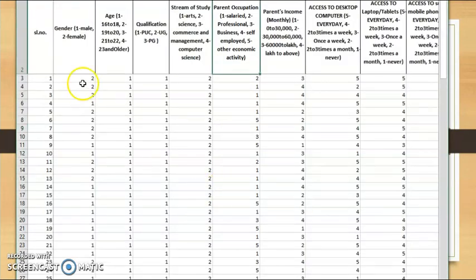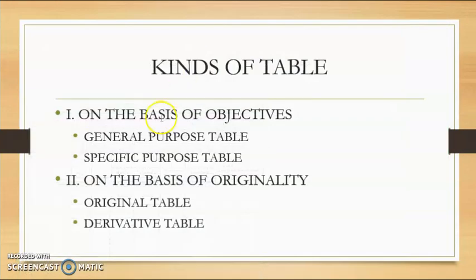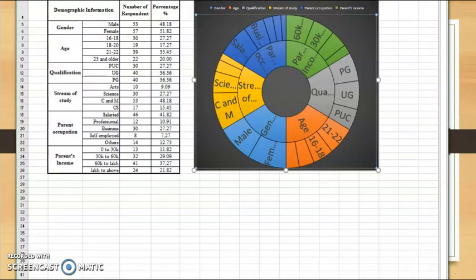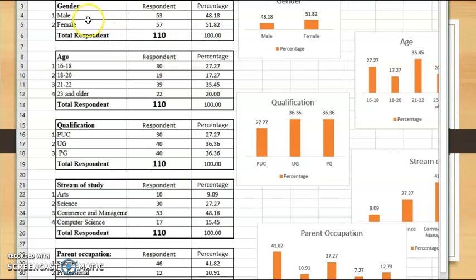In general you have something called... okay, so like that whatever information you got, only the count you are updating here. Okay, and then on the basis of original table and derivative table. Original table, this is the original table which you got from the Google form, and now you're going to make it different based on different parameters, on basis of gender, on basis of qualification.